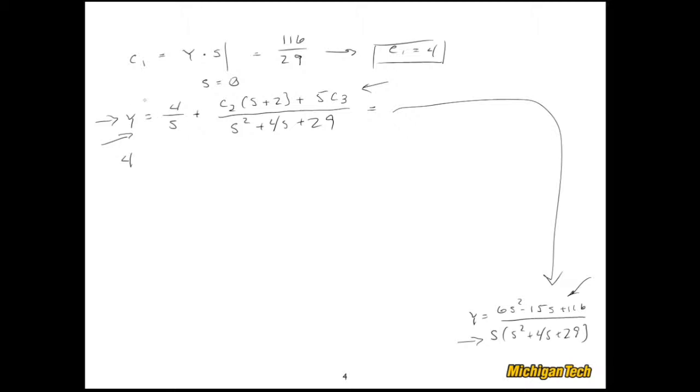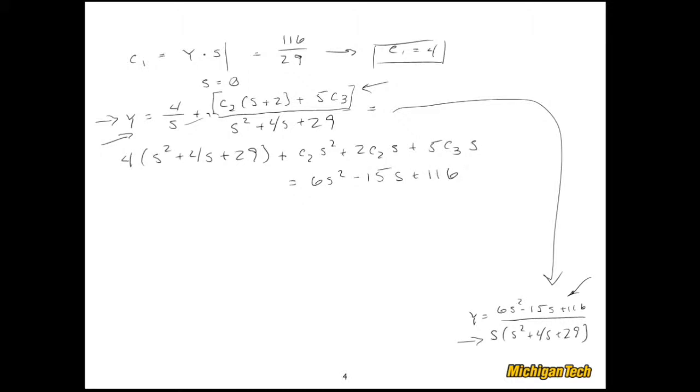The numerator of this y of s, once I go to a common denominator and do the cross multiply business, is that plus, I need to multiply the s by this whole expression. So I'll have a c2s squared plus 2c2s plus 5c3s. And that numerator has to equal 6s squared minus 15s plus 116.